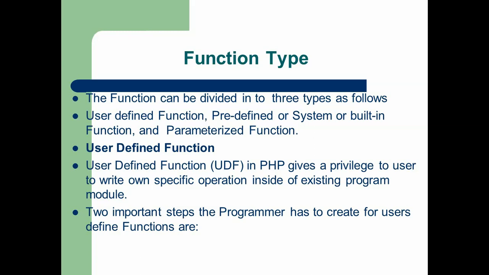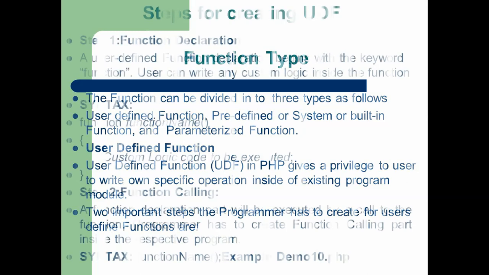Now we are going to understand how to create a UDF, that is user defined function. One is the function already created by the programmers of PHP. Another one is UDF, where the programmer is going to create the function. When a programmer wants to create a function, two important steps are followed for creating the UDF.